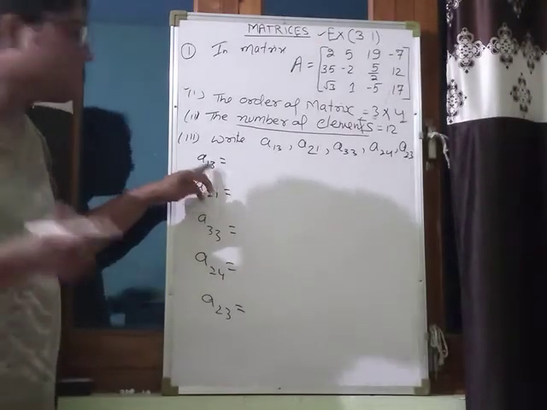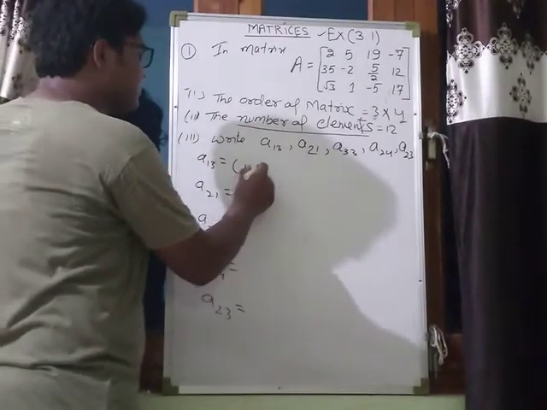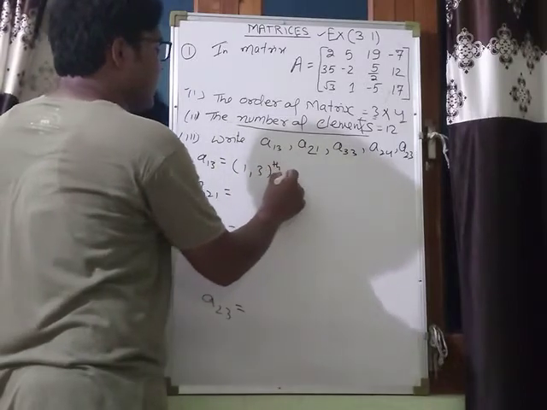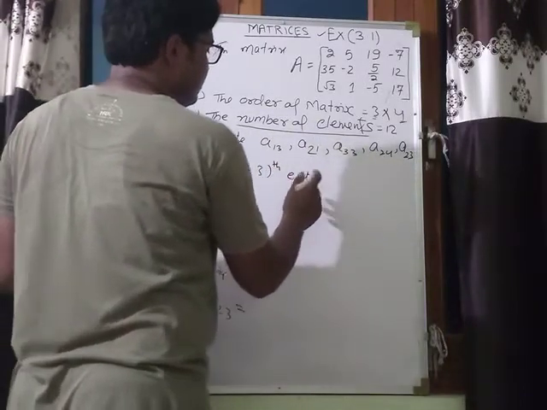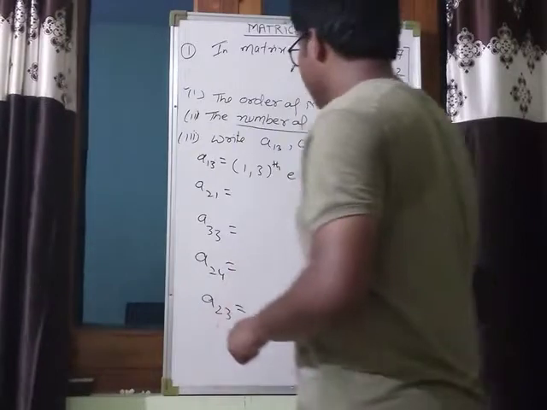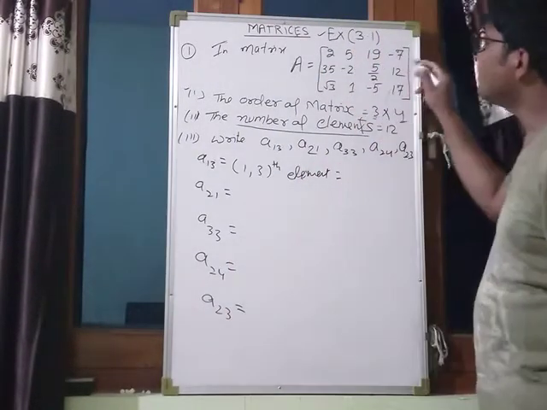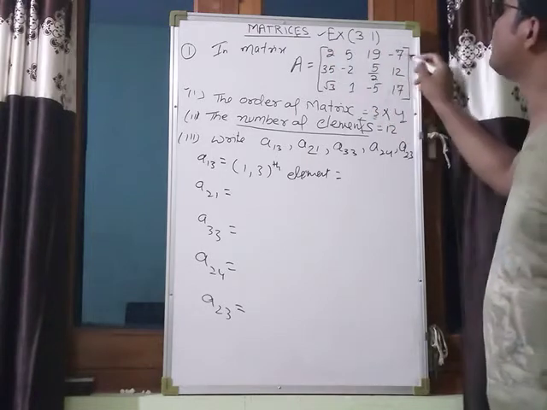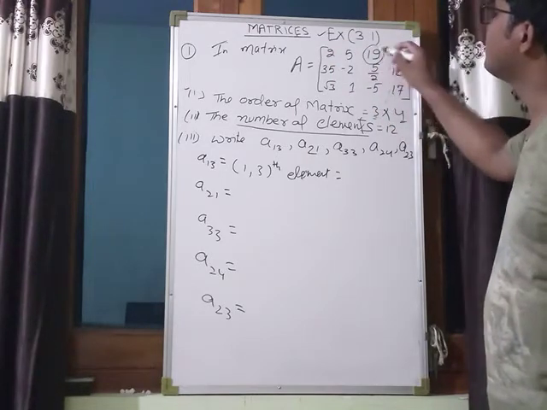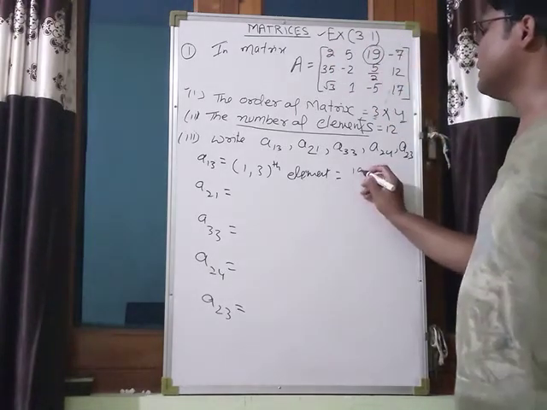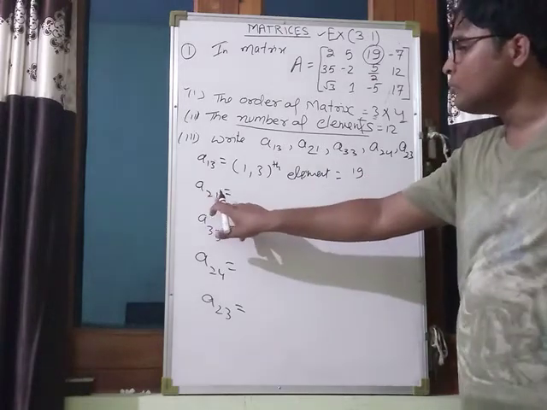Which entry? That is the 1/3 entry, or element. So first row, third column. This is your first row, this is your third column, so this one, 19. A21, second row, first column.